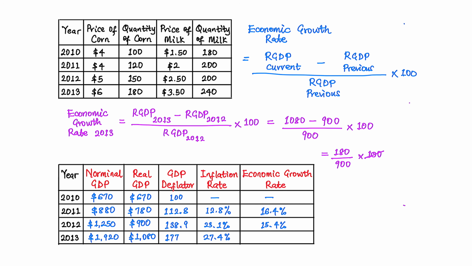So 100 here, 1, 100 here, 9. We are left with 180 divided by 9, and 180 divided by 9, that's 20. For 2013 is 20%. And this completes the calculation of the nominal GDP, the real GDP, the GDP deflator, the inflation rate, and the economic growth rate.